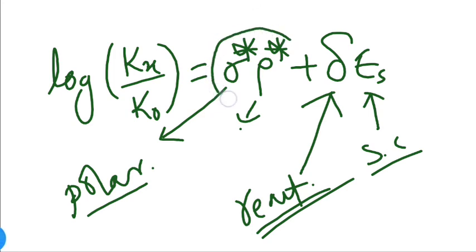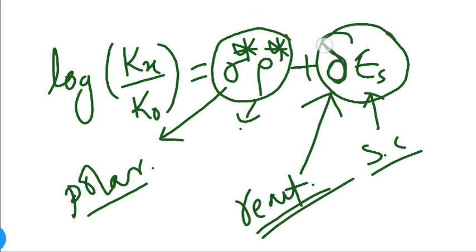Both these terms signify the electronic factor, and this term signifies the steric factor. Delta, the reaction constant, gives the measure of the susceptibility of the reaction to steric effects.